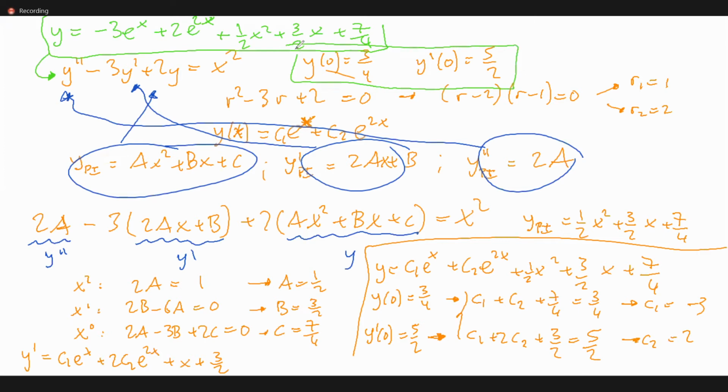So the steps to take when you have a non-homogeneous differential equation is to first find the complementary function, then find the particular integral, combine the two, and make sure that the solution of the particular integral does not also occur in the general solution.